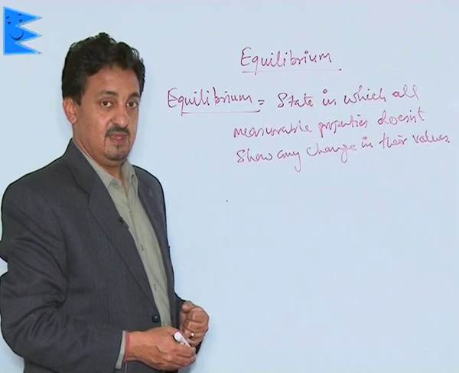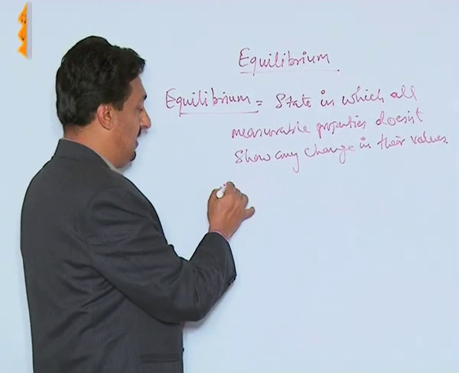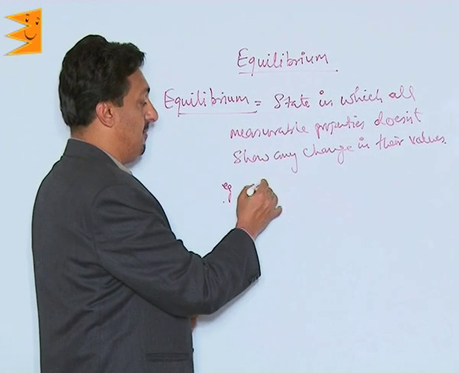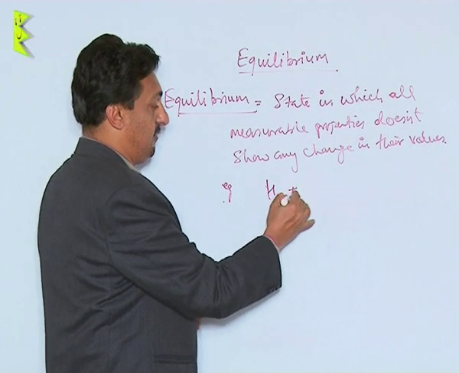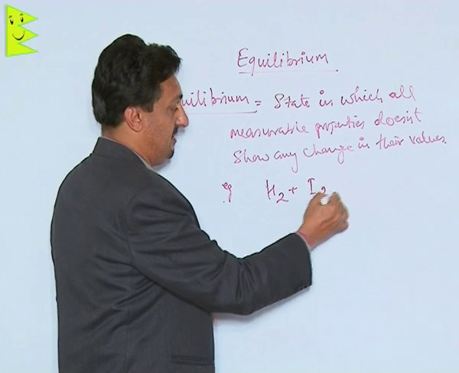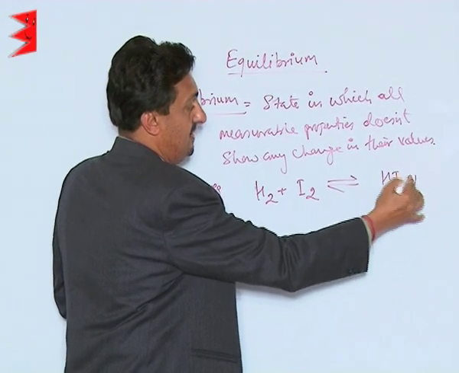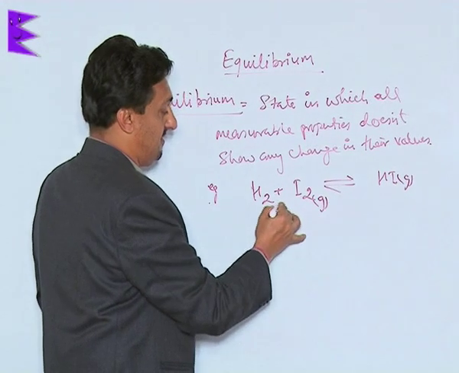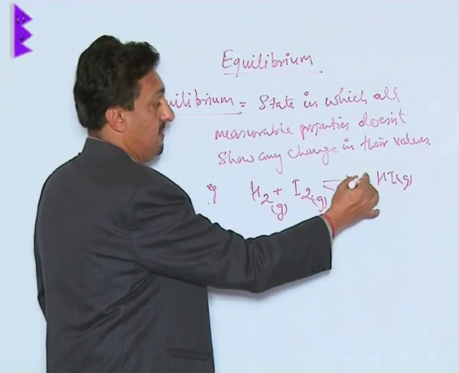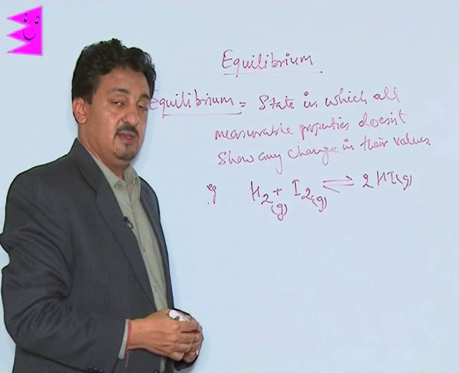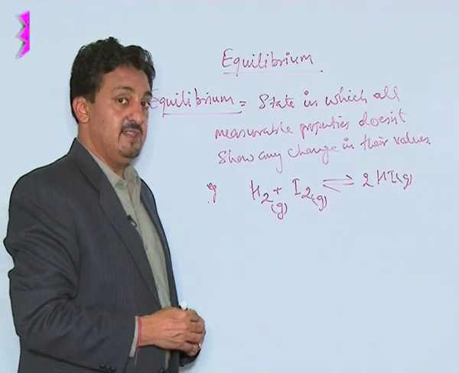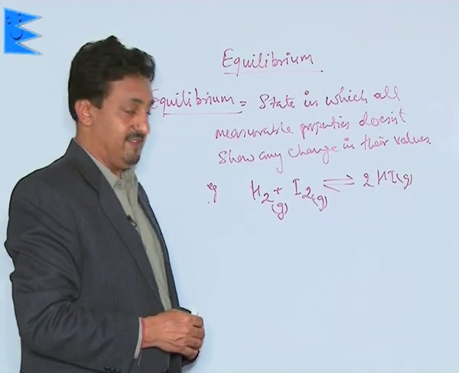dynamic. We can represent this equilibrium by taking a very common example of a reaction of hydrogen with iodine converting into hydrogen iodide. All these, since they are gaseous in nature, can form an equilibrium with each other when taken in a closed vessel.